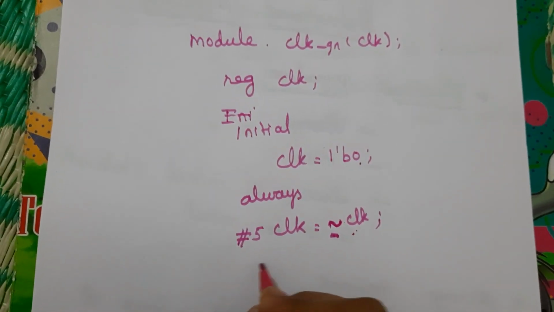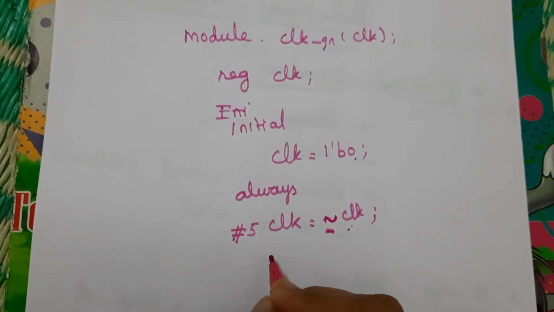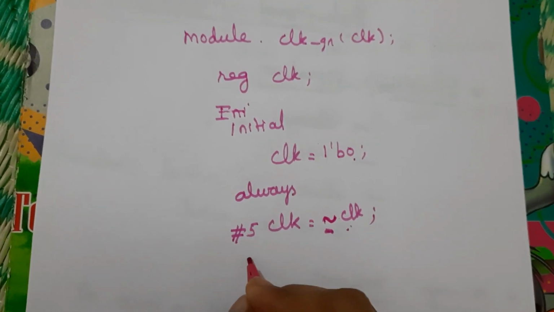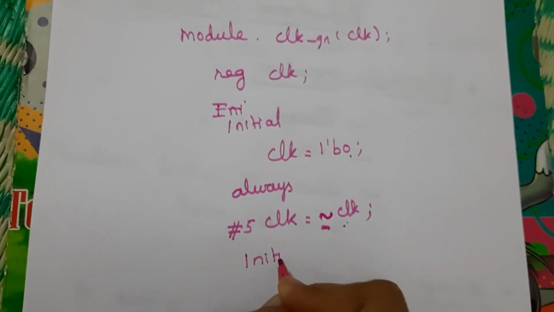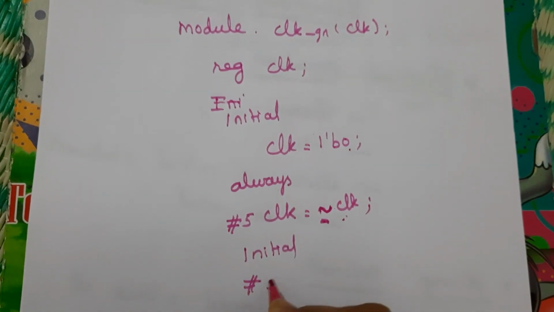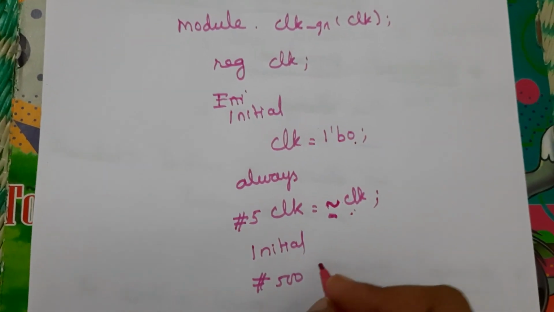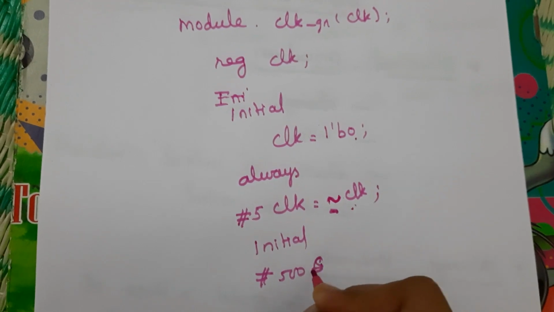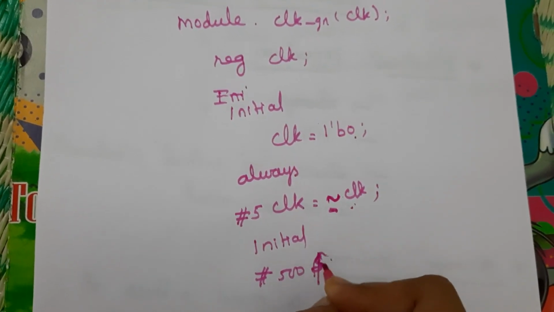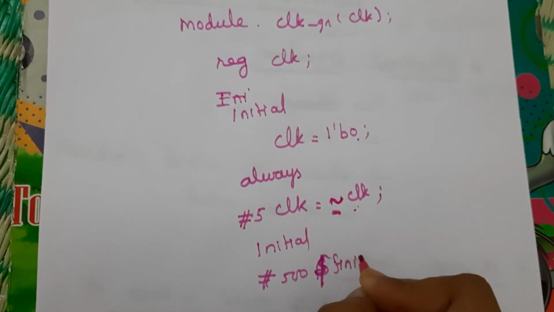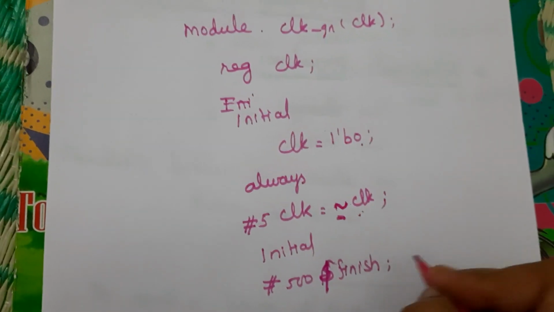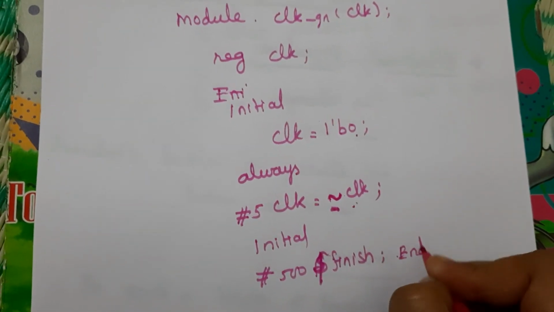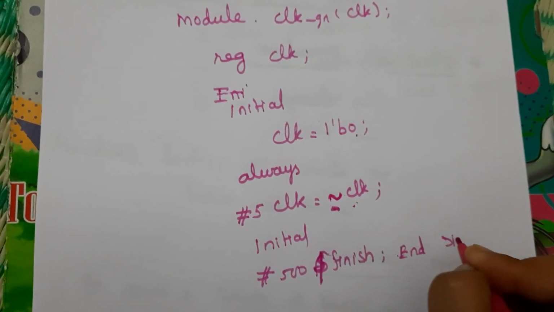So we just end this module. Otherwise, if you want to finish this, just give initial #500, and these are the delay values. $finish, and now we can end this simulation.